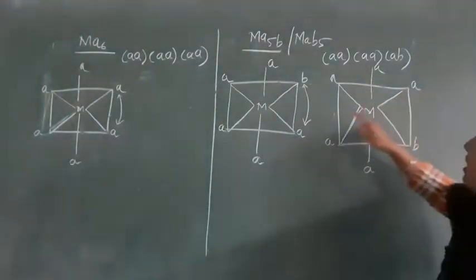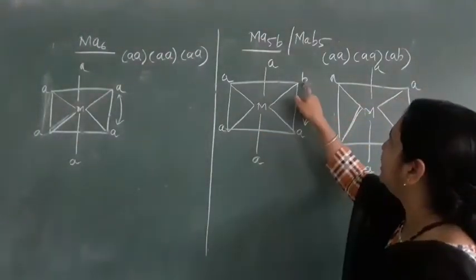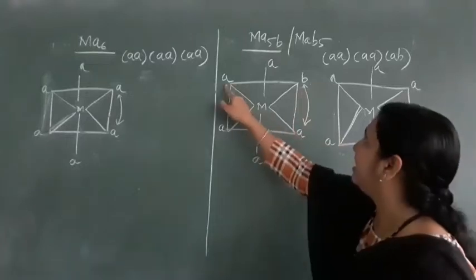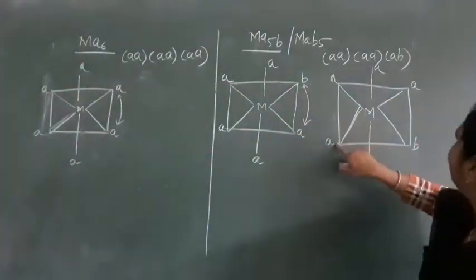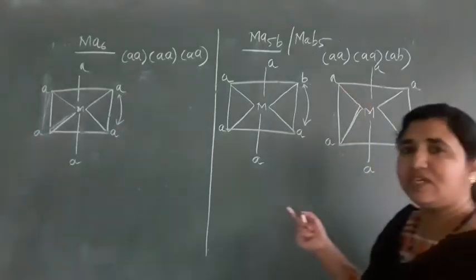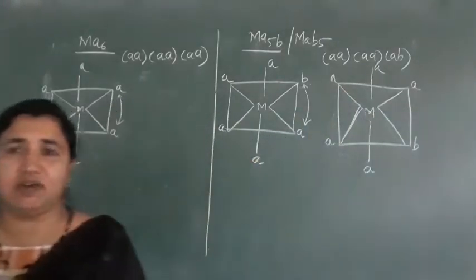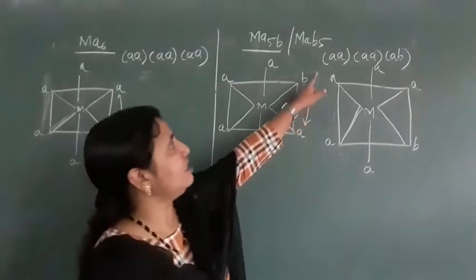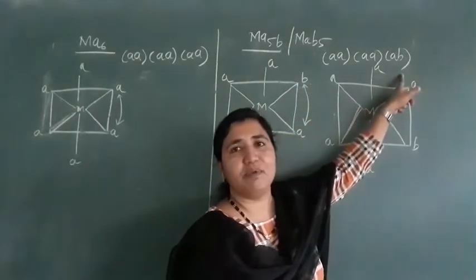See, in front of A, what do we have? B here. In front of A we have B here. Same structure it is, there is no change in the structure. Okay, and if you take the combination here, only one type of combination we have.